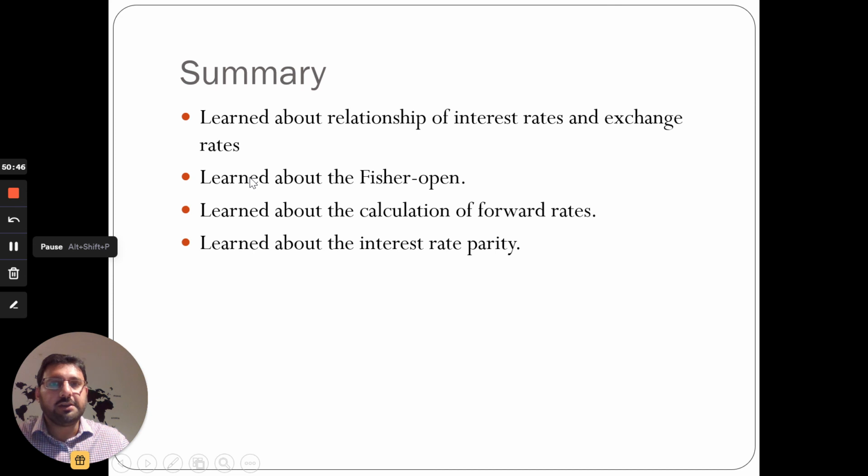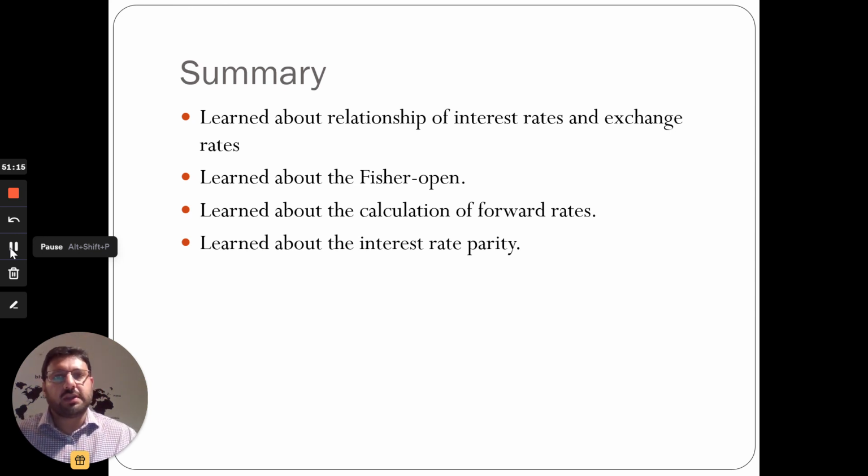Now, after the interest rate parity, we have concluded this topic. Try to understand the flow here. In one of the lectures, we discussed the relationship between the price levels or inflation between the two countries and the exchange rate. We linked the inflation with the interest rate using the Fisher effect.